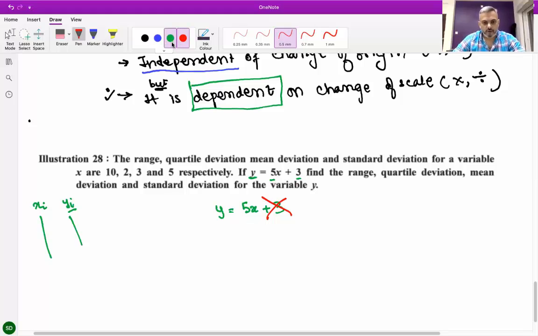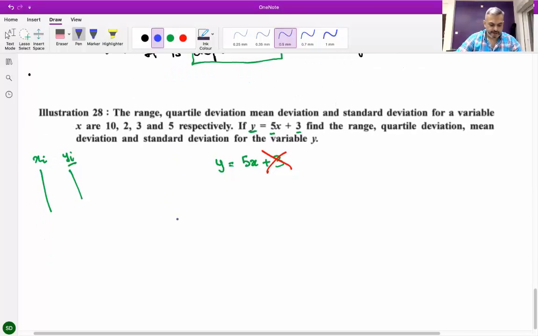So first we go to range. Range of x is equal to 10. Therefore, range of y is equal to 10 into 5, which is equal to 50.